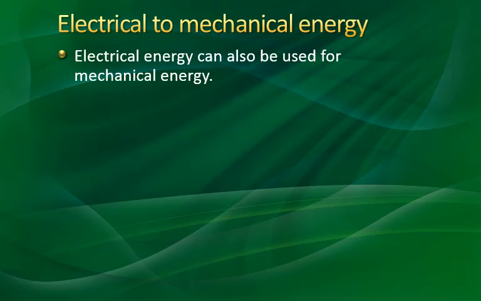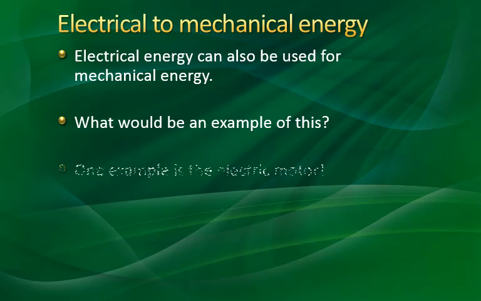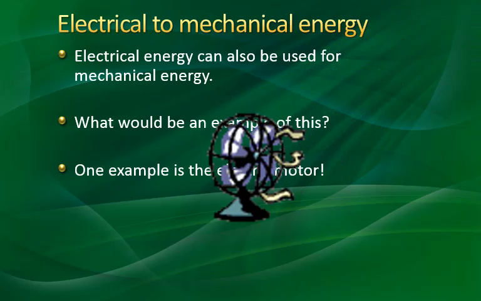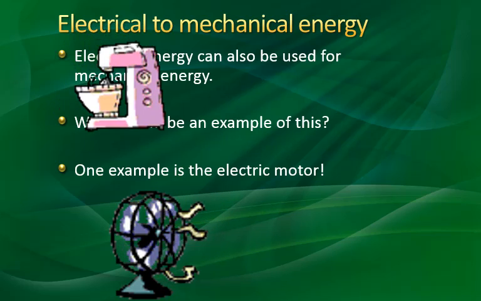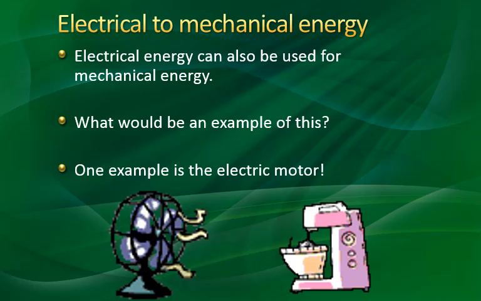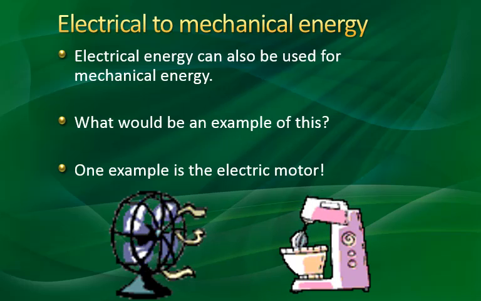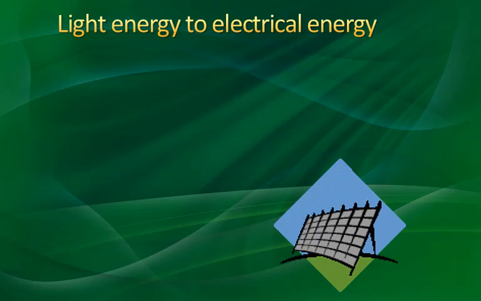Electrical to mechanical, so you can have electricity moving parts. In our robotics club, we have motors and servos. So we're sending electricity through and moving arms and moving wheels, and so you can spin things. And the big example here is an electric motor, right? So electricity is sent through and the motor is spinning, and you have a fan like this, or a mixer like this, spinning, and the motor is spinning that.